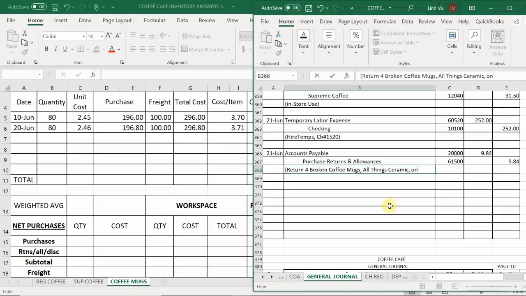Now in this case, I'm receiving a credit for this one. So what I'm going to do here is I'm going to go ahead and say this is for invoice 159, but I'm receiving a credit on this one. Okay? And if you want to, you could say for a full refund.